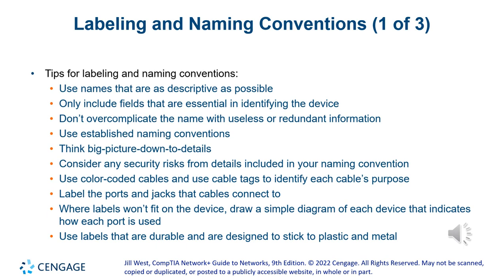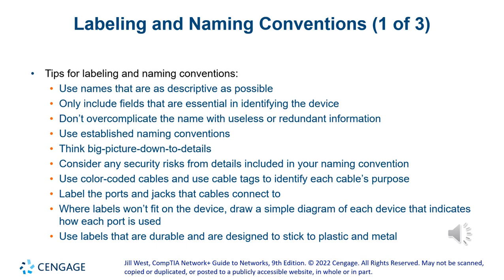All the equipment there is labeled K for Kendall, 8217-1 SW1. So by looking at that name, I know it's Kendall. 8217-1 is the room, and then it's switch 1, which means the first switch. If I have 7 switches, I might have switch 4, switch 5, switch 6, depending on how many I have. So it should be short, but something descriptive, right?